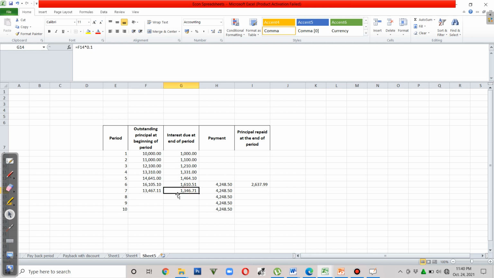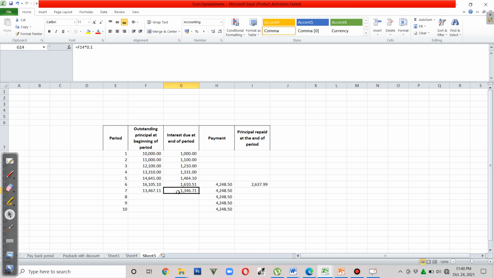At that period, tingnan mo kung kailan may bayad dito, saka pababa na rin yung interest due. Okay? Sa simula, na walang bayad, pataas yung interest due kasi nga walang bayad. Hindi na babawasan yung outstanding principal, but this time, babawasan na yung outstanding principal at the same time yung interest niya.